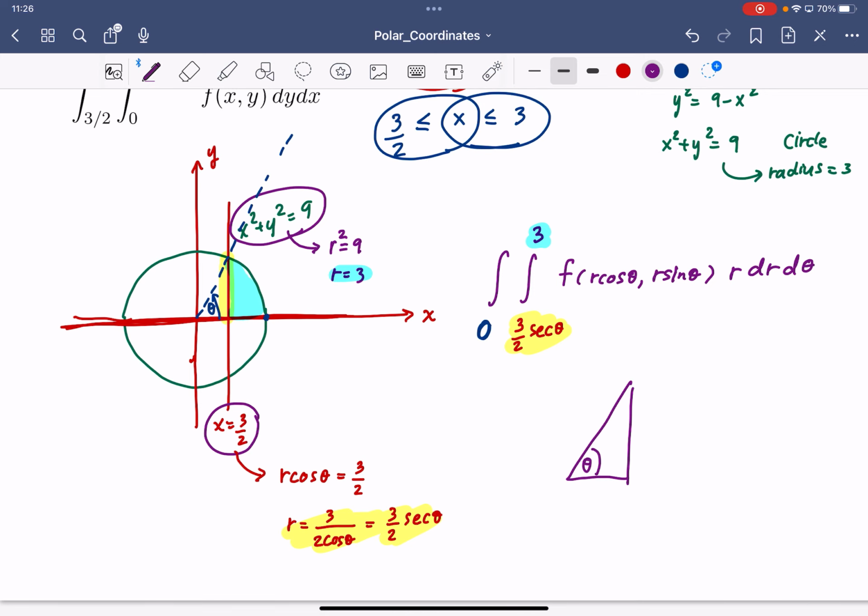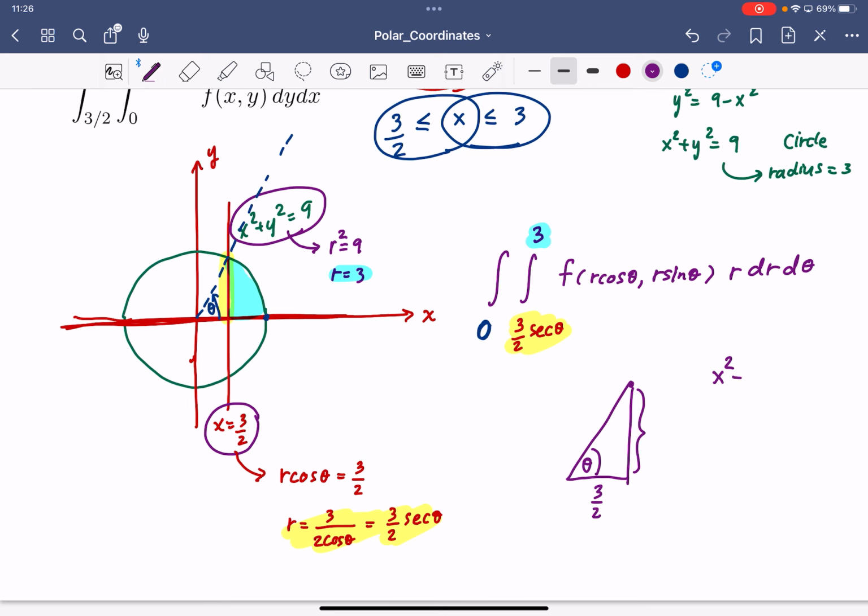So this is the theta I need, but I know that this is 3/2, and if I know this one, you can use the trigonometric identity, and then you can find theta.